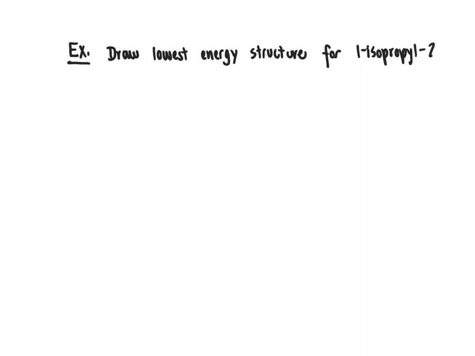What we're going to try to do here is draw the lowest energy structure for 1-isopropyl-2-methylcyclohexane. And that 2-methylcyclohexane is one word if you go back and think about your IUPAC nomenclature for this. So we want to draw the lowest possible energy structure for 1-isopropyl-2-methylcyclohexane.